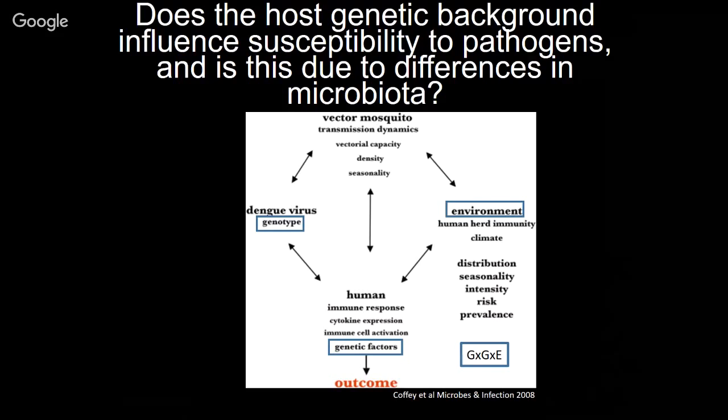So in this particular case, we're interested in this question of, does the host genetic background influence the susceptibility to pathogens? And is this due to a difference in the gut microbiota?